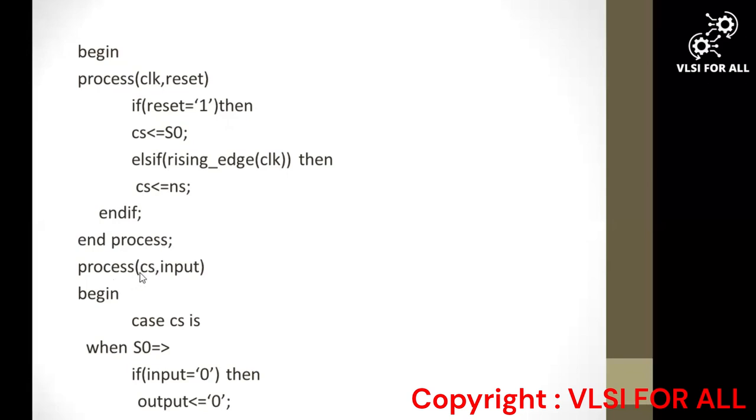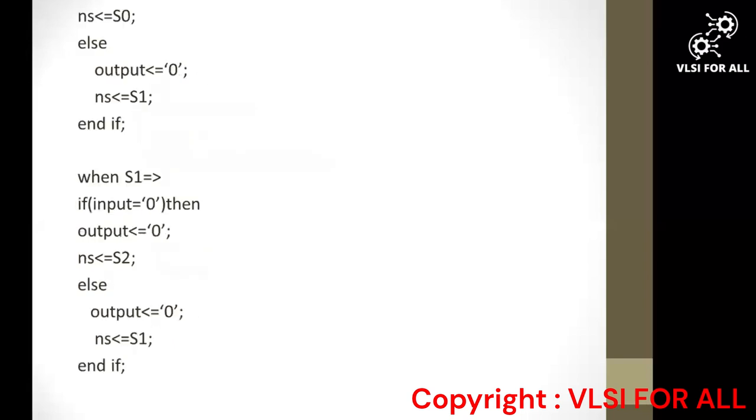Now we will consider both current state and input, and we will write the case for current state. Case current state, when S0, if the input is 0, then output is 0. This can be seen by using the state table that we created in the previous slide.